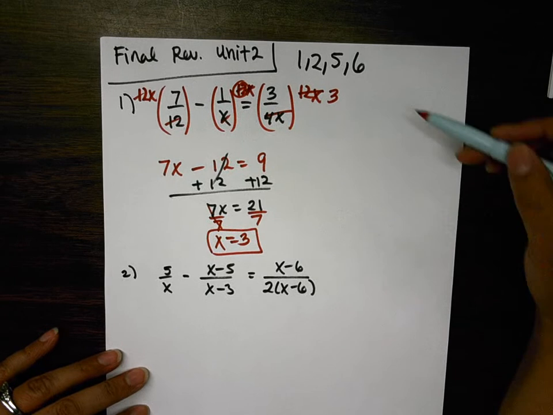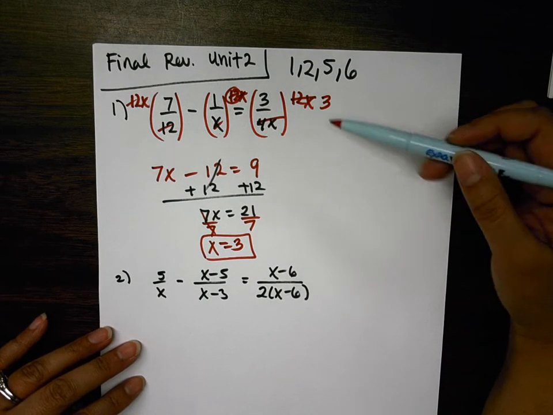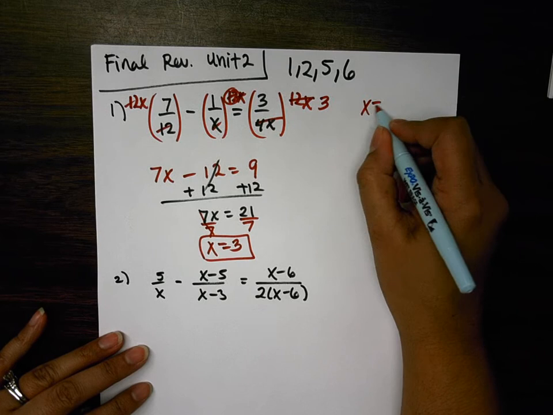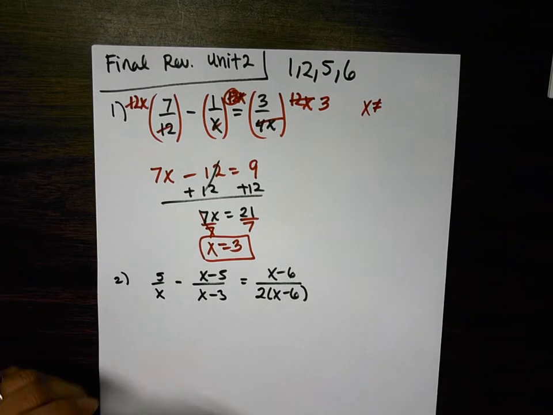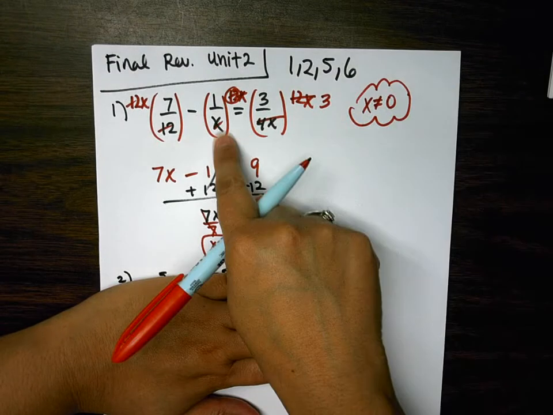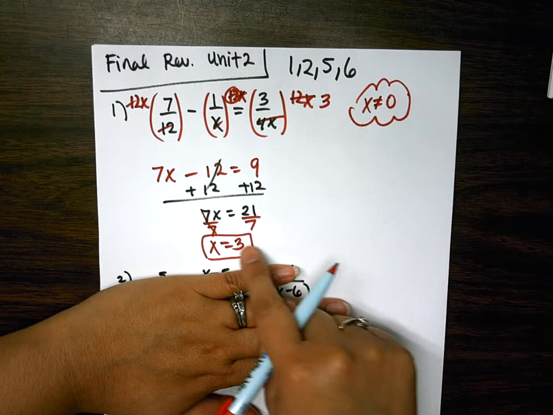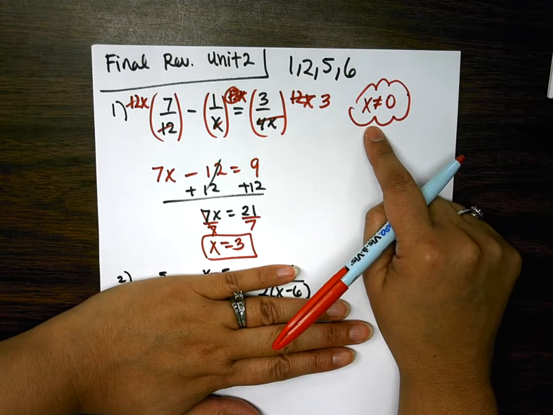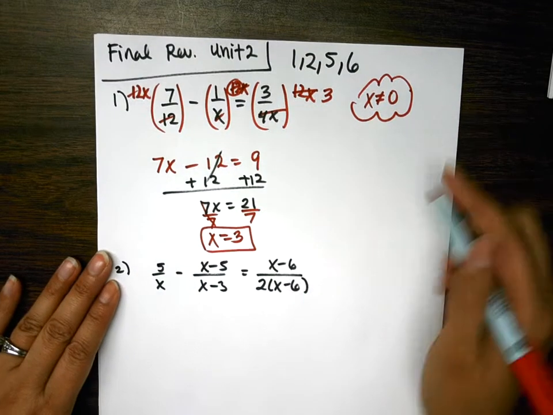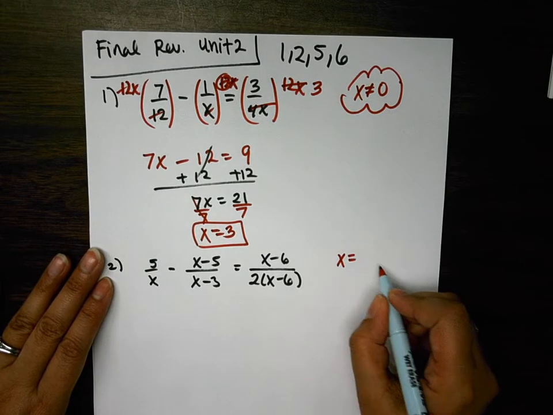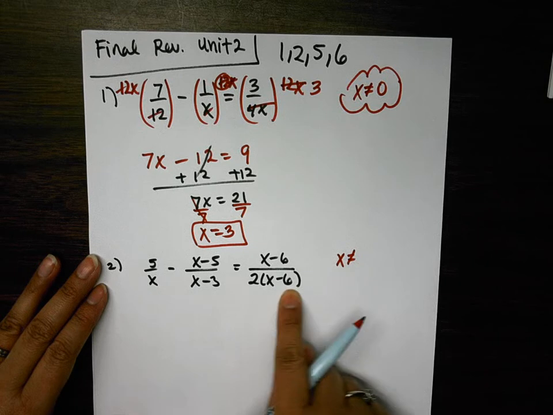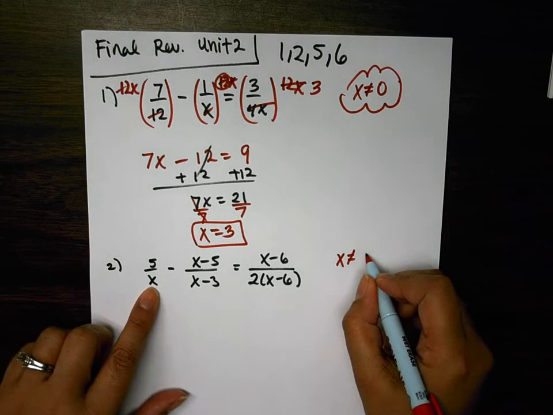Before I reduce, I'm going to come back up here. It didn't impact the answer, but when we did this unit, remember we always look for our restrictions first. In the very beginning, what can x not equal? x cannot equal 0 from this one up here. Do you guys agree? And x equals 3 was an okay answer because it wasn't 0, so we would have been okay, but you want to make sure on the test that you don't end up with answers that are extraneous solutions.